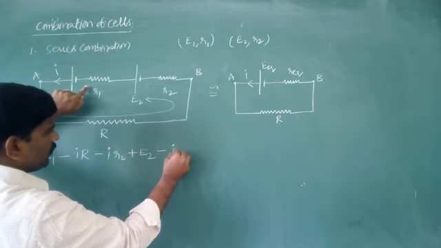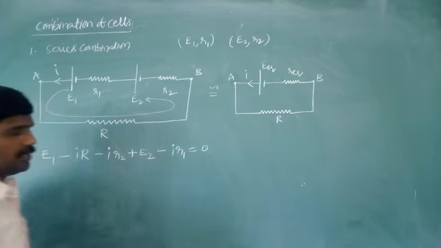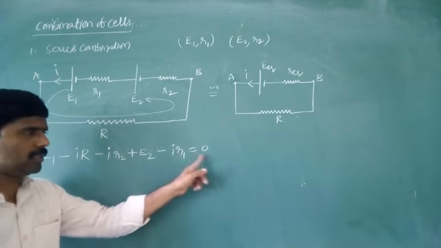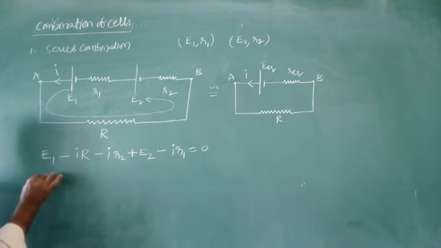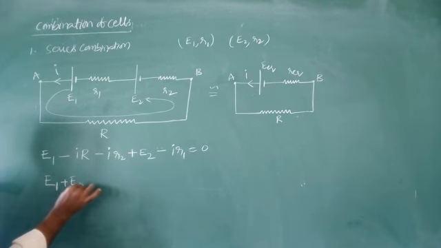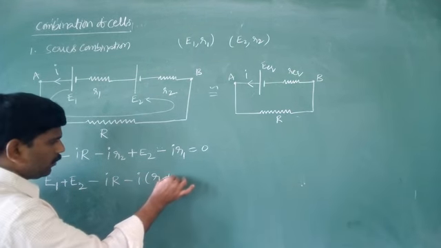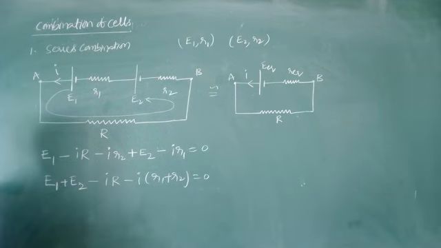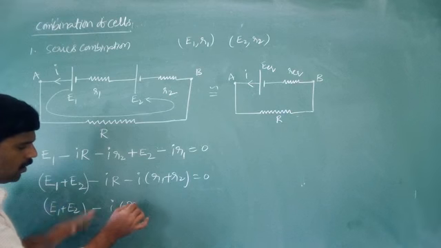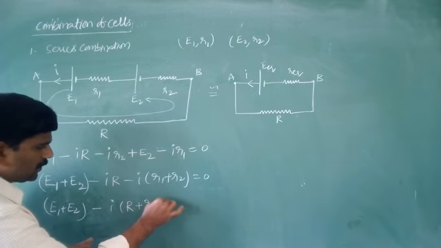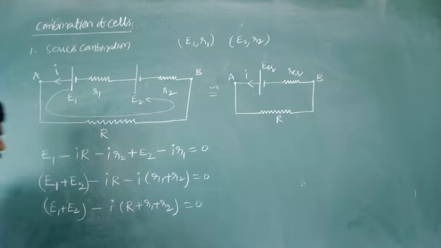So E1 plus E2 minus I into R minus I into R1 plus R2 is equal to 0. That is E1 plus E2 minus I into (R plus R1 plus R2) is equal to 0.